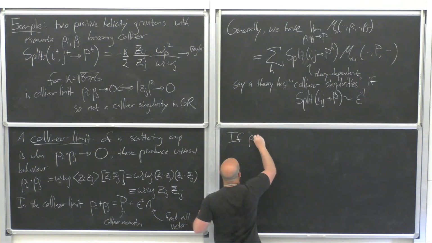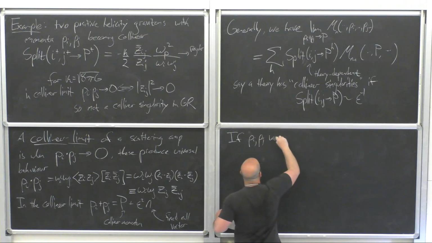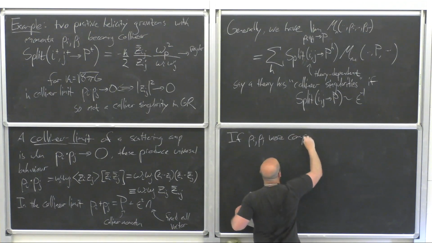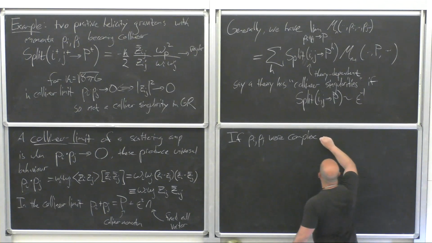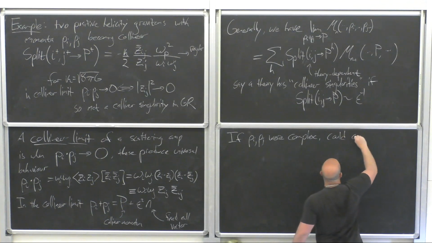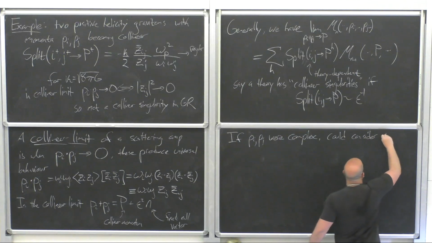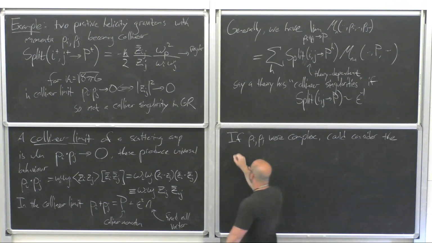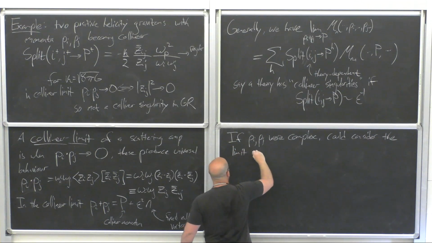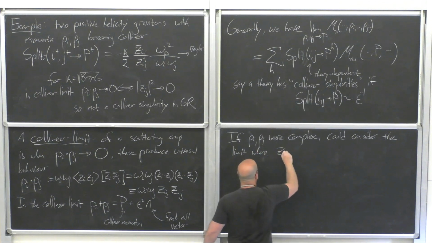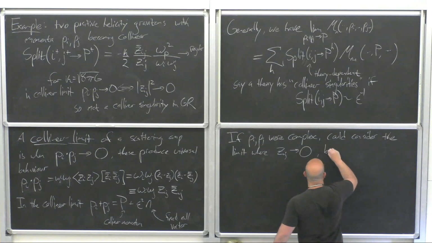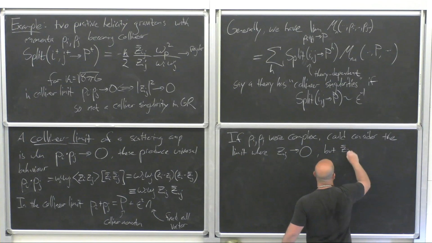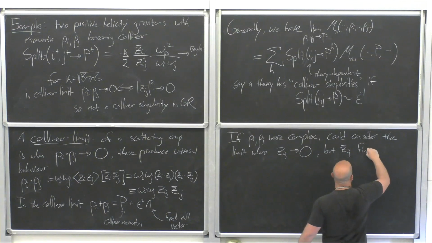So if pi were allowed to be complex, we could consider a limit where zij went to 0, but z bar ij was held finite.